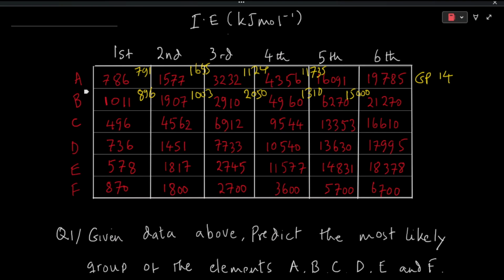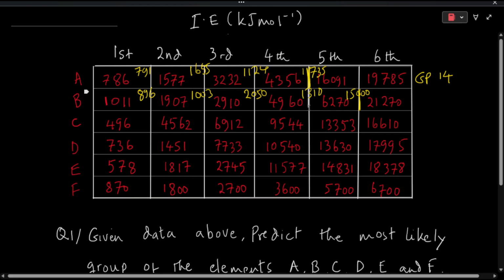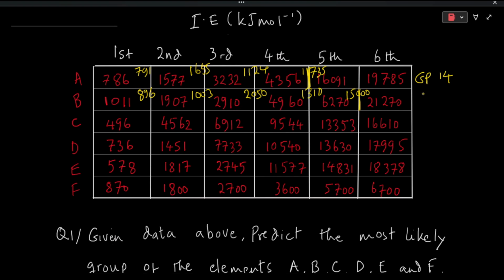So the huge jump occurs here. In the previous example, the huge jump occurred over here. So with element B, we are observing that a lot of energy is used in removing the 6th electron. That means that the 6th electron is a core electron, and all the previous 5 electrons are valence shell electrons. So element B is most likely to be in group 15.